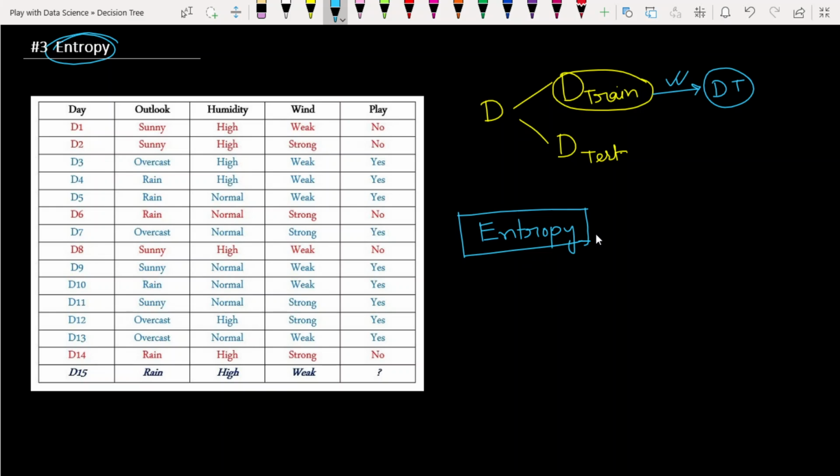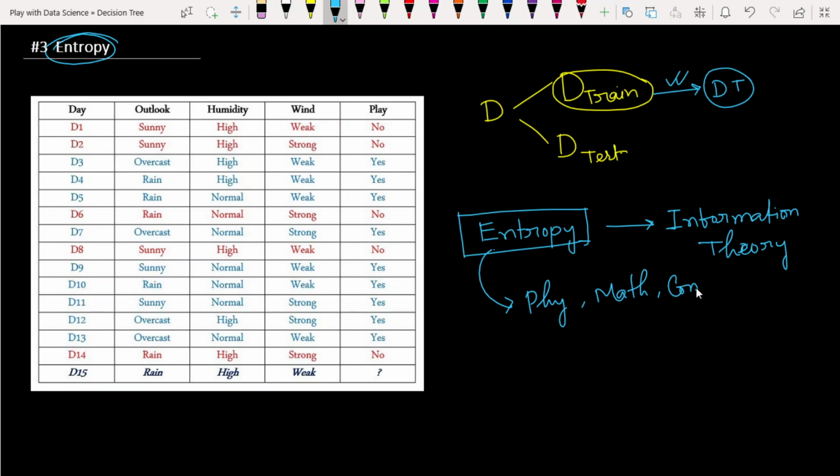I think if you are coming from an electronics background, then you already know about entropy. It comes from the information theory subject, and mostly these concepts are used in physics as well as mathematics and computer science as well.